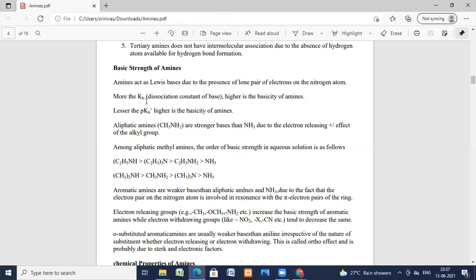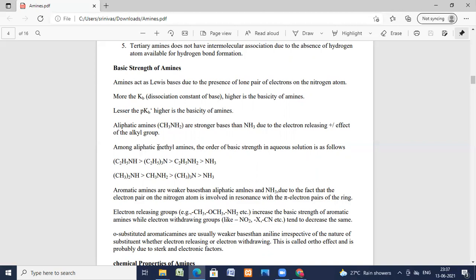More is the dissociation constant Kb, higher is the basicity of amines. Lesser the pKb, higher is the basicity of amines. Aliphatic amines are stronger bases than NH3 due to electron releasing effect of the alkyl group.